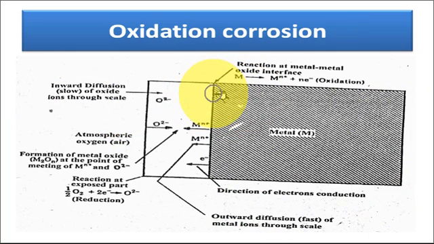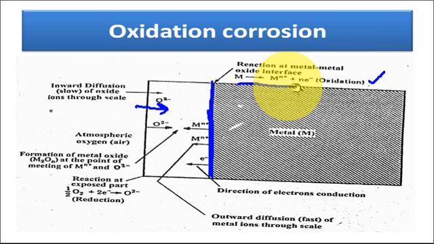So, let us consider this type of metal. Suppose this is a bulk metal, the complete metallic structure. When this metal shows chemical reactivity towards oxygen, then due to the presence of oxygen in its surroundings, the surface metal atoms undergo an oxidation reaction and are converted into metallic cations.